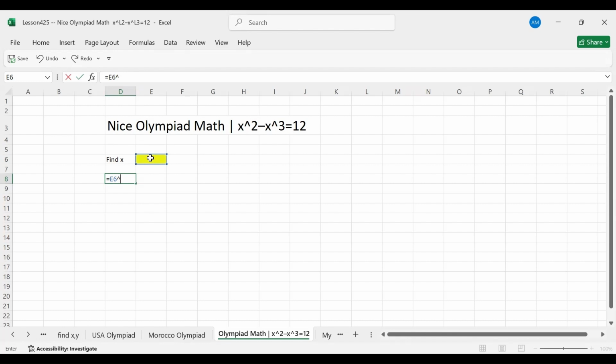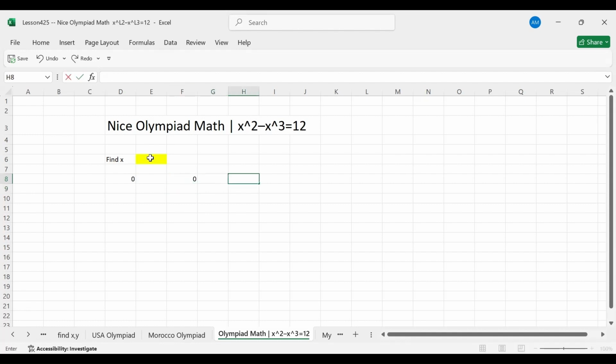This is the caret sign, which is used for exponentiation. So this is x square, and then from this we deduct x cube. The same thing we do here: we take the cursor to x and raise to power 3, x cube. So the equation is here.